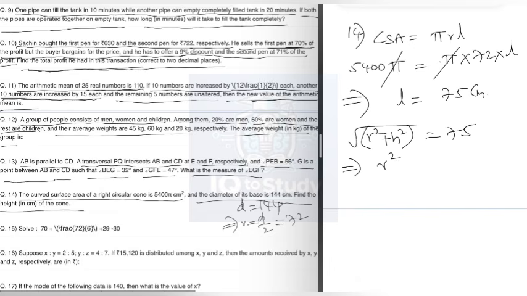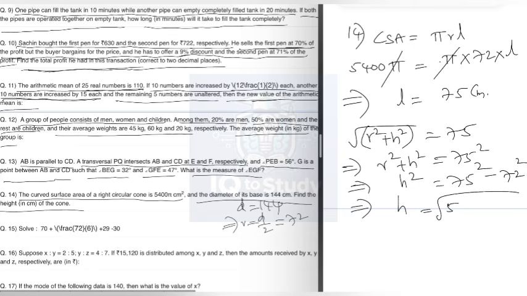That implies r square plus h square is equal to 75 square and h square is equal to 75 square minus 72 square, which means h is equal to square root of 5625 minus 5184, that is square root of 441, which is equal to 21 centimeters.